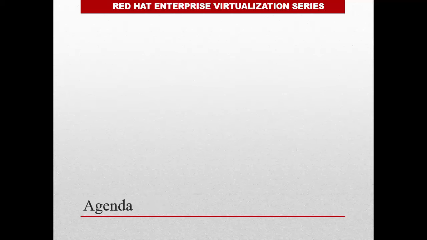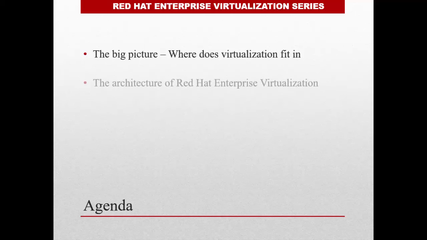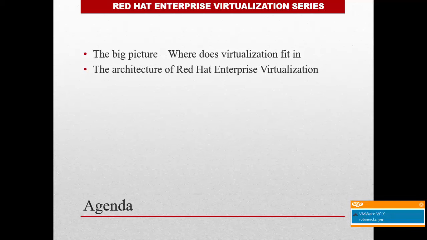Okay, so the agenda for you: what's Red Hat's big picture when it comes to cloud, and where virtualization actually fits in that whole roadmap. The architecture of Red Hat Enterprise Virtualization.